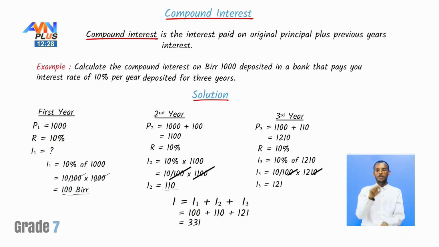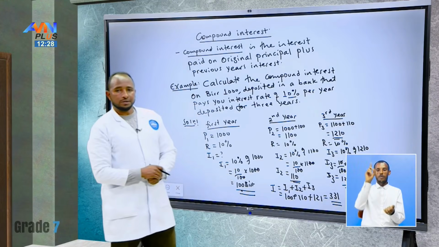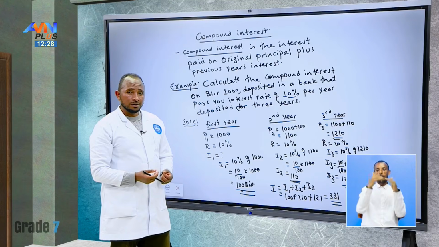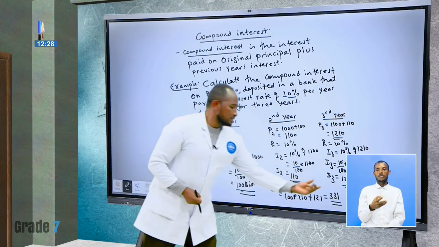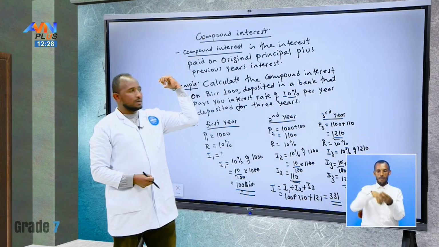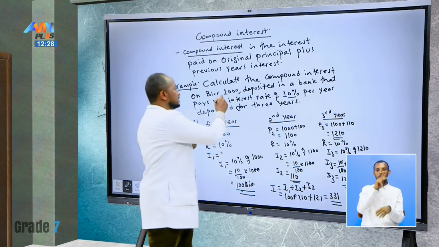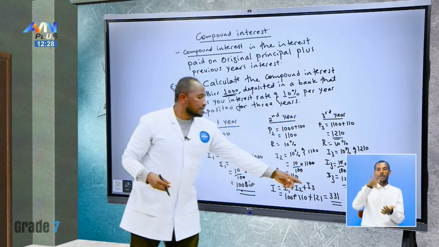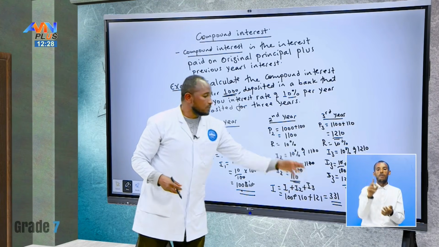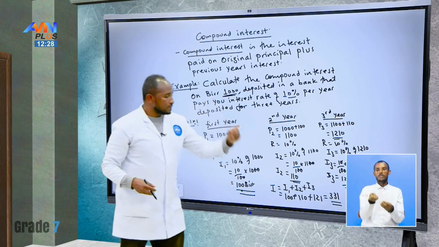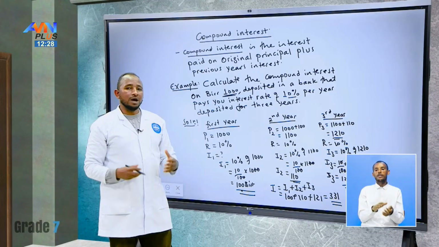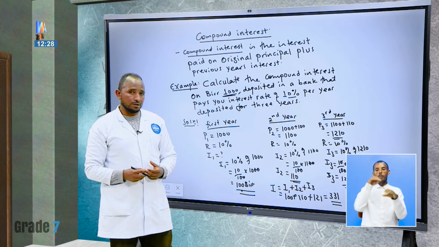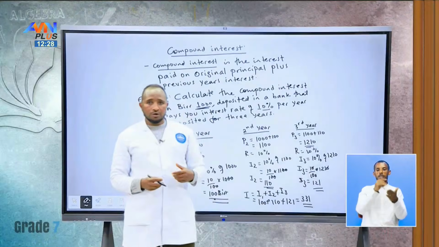So 331 will be the compound interest throughout 3 years. So what will be the amount at the end of the third year? The amount will be this interest plus the original principal. The original principal is 1,000. Initially you deposit 1,000 and you earned 331 for the 3 years. So the sum of the two will be 1,331, the accumulated amount you will have at the bank at the end of the third year. So this is all about today's lesson.